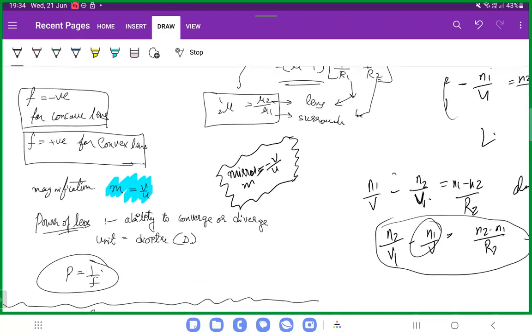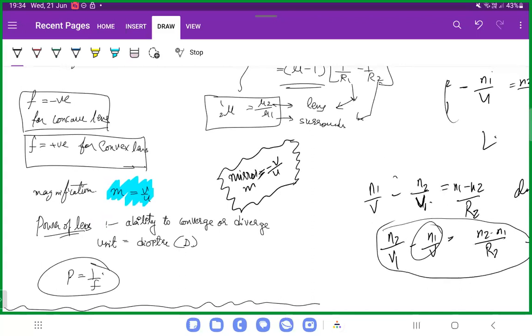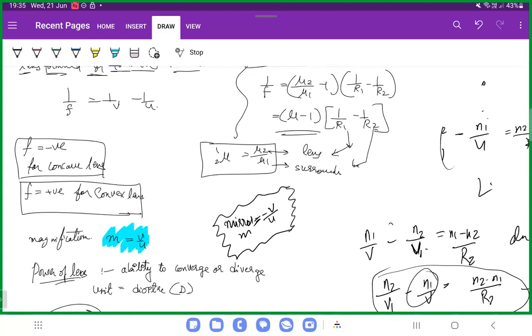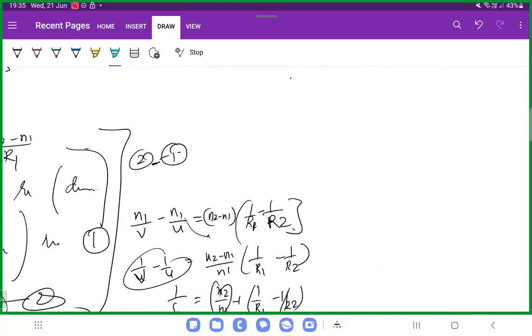Okay. Now, the next thing you need to remember is about focus. Whenever we are solving numericals, this sign convention is very, very important. Because formulas are easy, numericals are easy to solve, we know how to solve, but you'll make mistakes in the formulas. So what to do here? Just remember: left side negative, right side positive. Let me make it clear here.